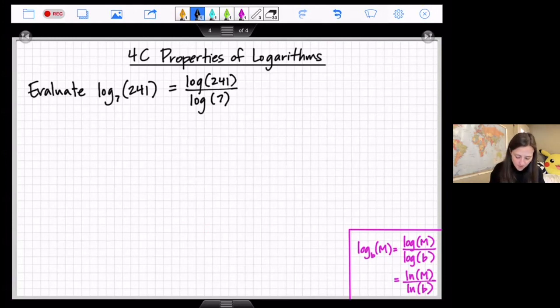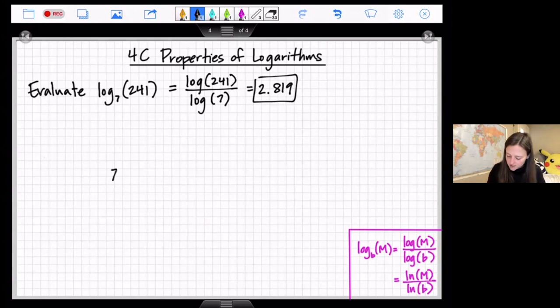So I'm going to type in log of 241, and I'm going to divide that by log of 7. And I get a decimal this time. This is not a whole number exponent. I get 2.8186. So I'm going to round that up to 2.819. Right. And just as a double check, remember, this is supposed to be the exponent that's going to give you 241 if you put this exponent on a 7.